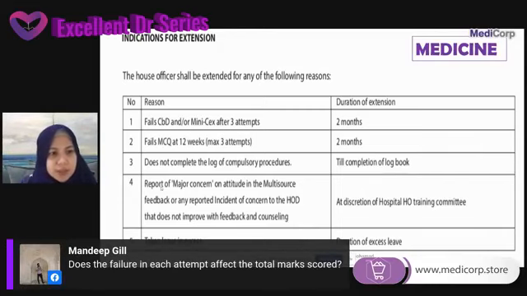Mandip asks, does failure in each attempt affect the total mark score? I think so, yes. But if you notice, your CBD only carries 15 out of the 100%. If you have two CBDs, each is 7.5, so it doesn't really affect much, and you can still work on other parts of the assessment, as we discussed earlier.